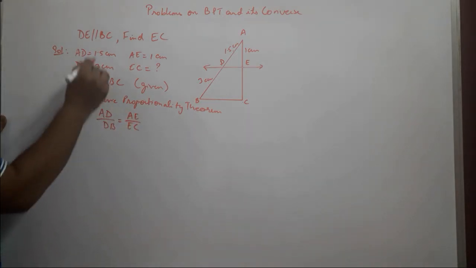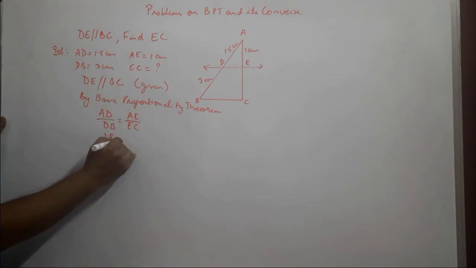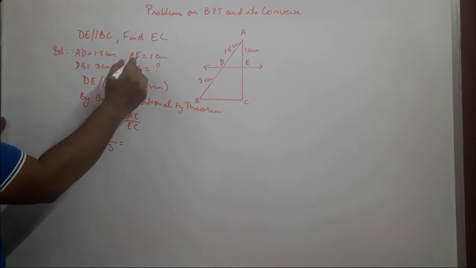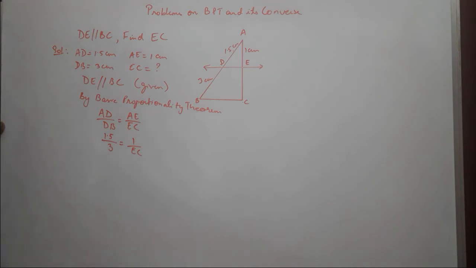Now AD is 1.5, DB is 3 centimeters, equal to AE, which is 1 centimeter, and EC is what we need to find out.